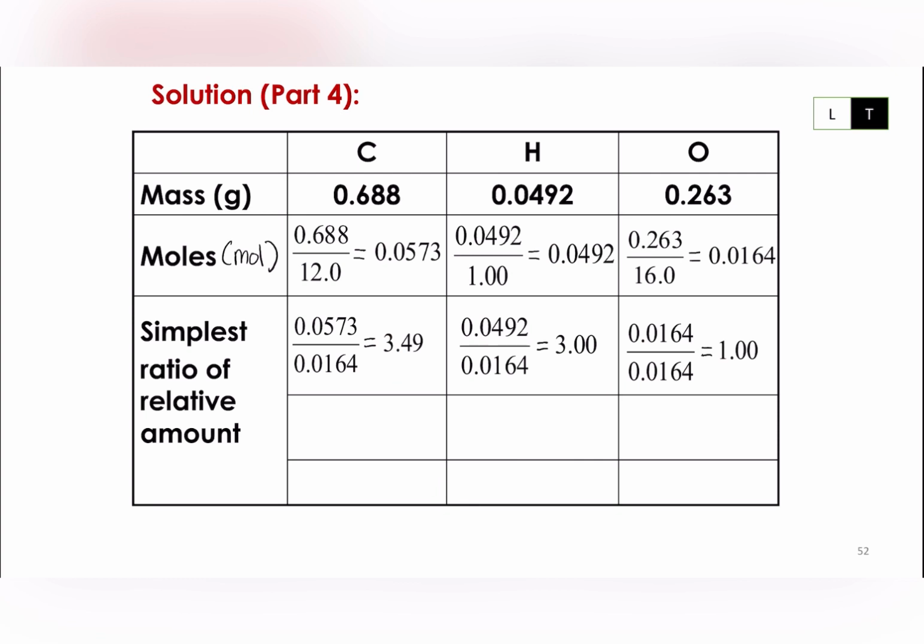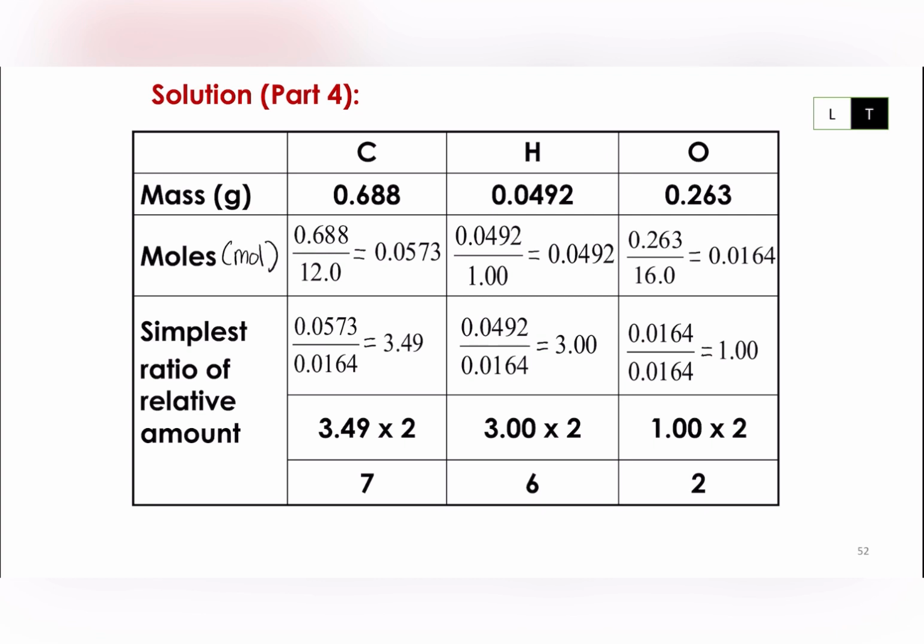Now you have to show what you've understood from the previous video about multiplying by a factor number. So for this case, I'm going to choose to multiply by 2. So all of them should be multiplied by 2, not only carbon. So you will have this one as 7, this one as 6, and this one as 2.